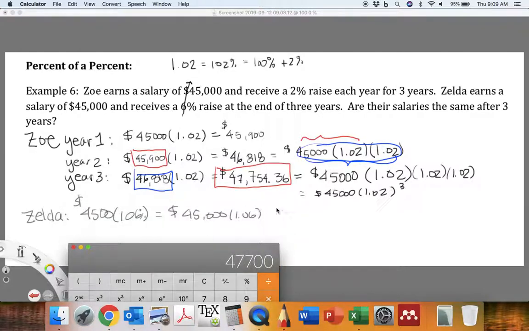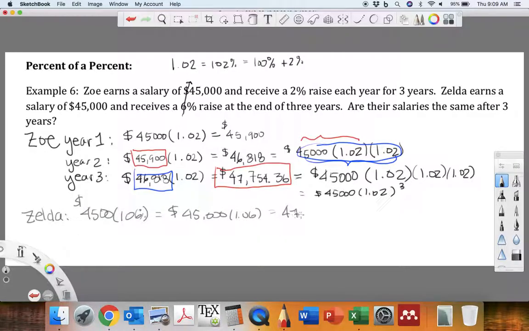That's our 47,700, which is less than $47,754.36. Not the same. So I hope this was helpful. Let me know what you think.